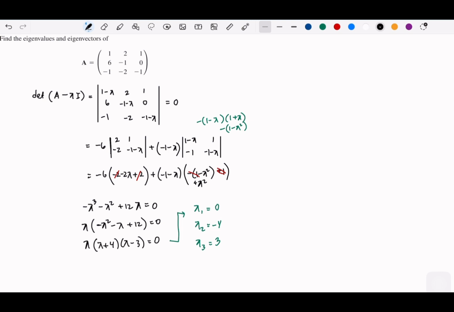So first, when the lambda is 0, then we are going to take A minus 0, and suppose that this is identity. And then this is something that we are going to solve equal to 0.